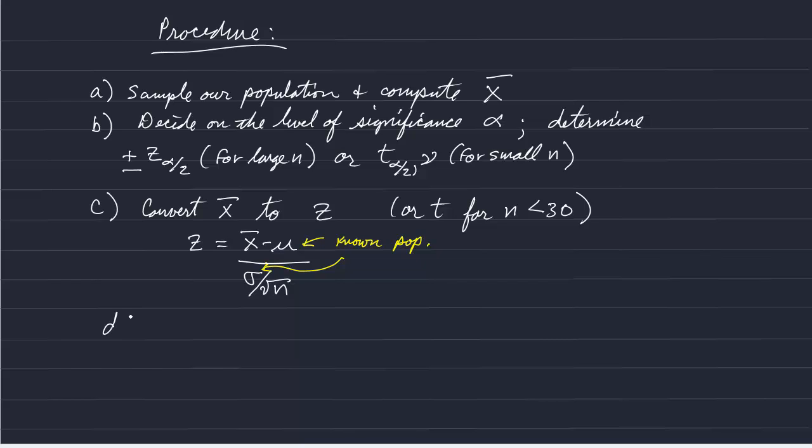And the final step is to determine if z, or the absolute value of z, is less than or equal to our z at the appropriate level of significance. If that's true, then H naught cannot be rejected.